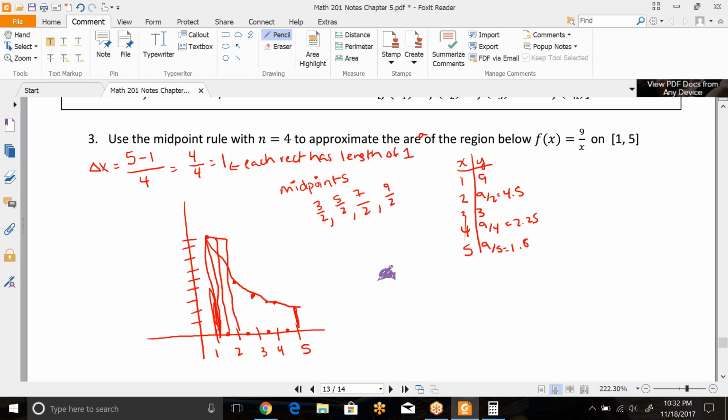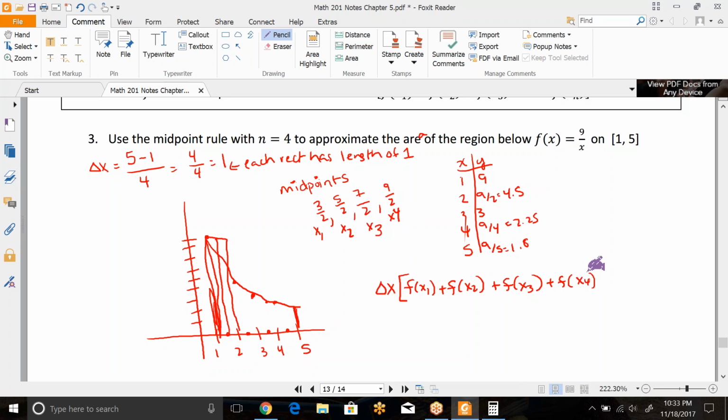So all we're doing to evaluate this is remember delta x times the f of the x1, which is this first midpoint, plus the f of the x2, which is the second midpoint, plus f of x3, which is the third midpoint, plus f of x4, which is the fourth midpoint.